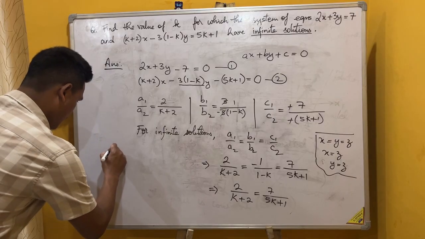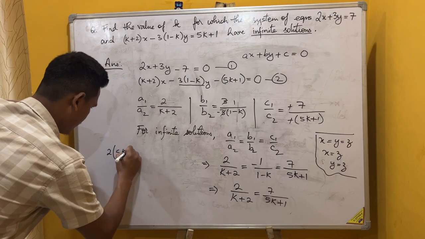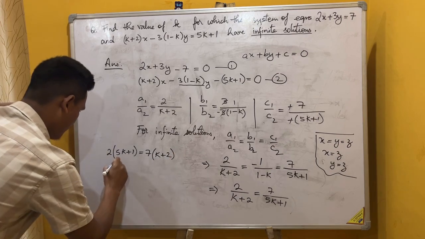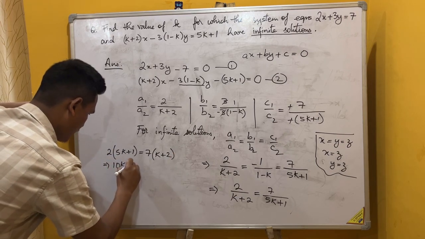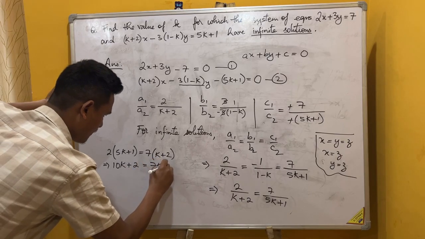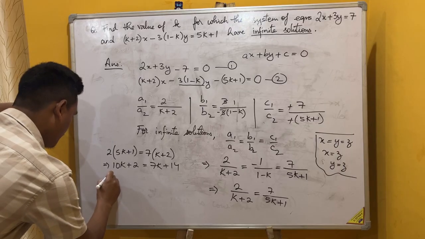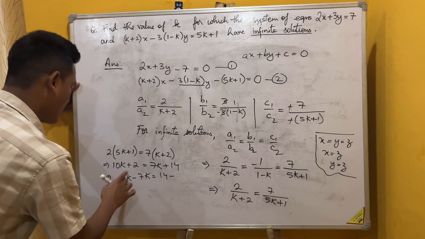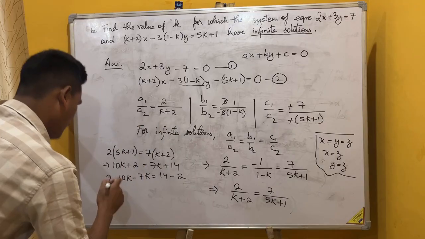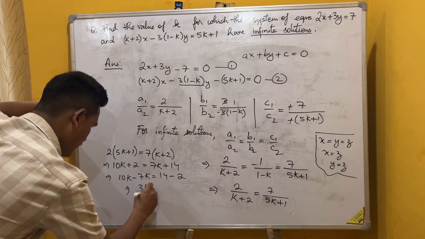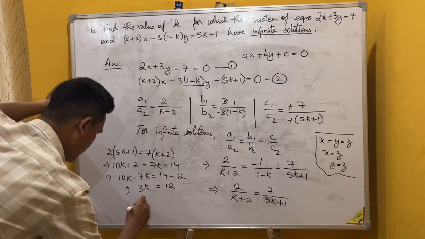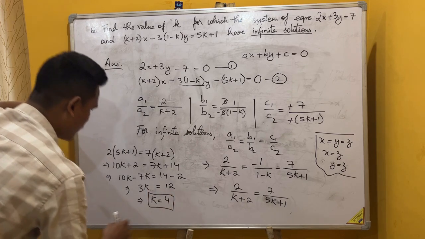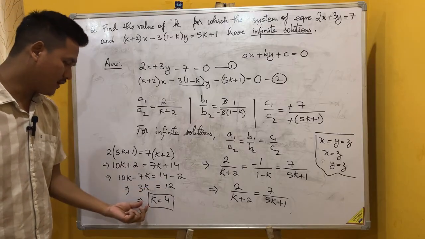Cross multiplying, we get, when we divide 12 by 3, the answer is 4.